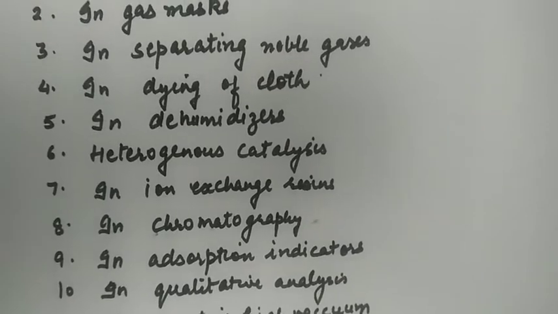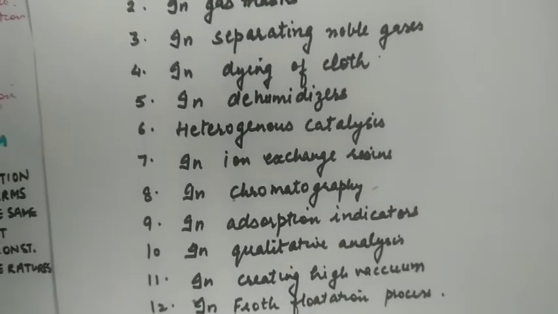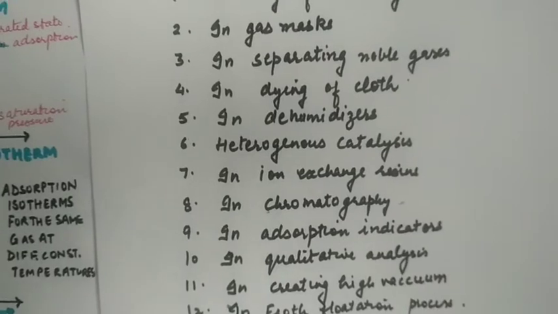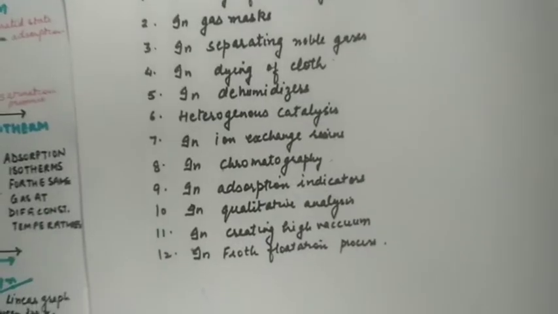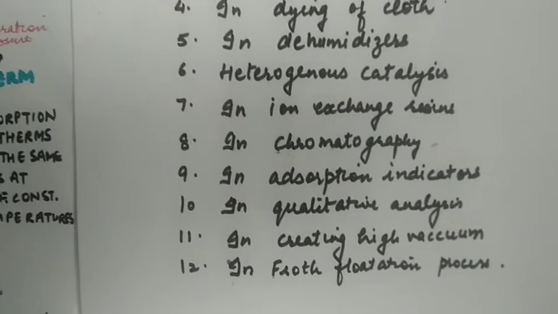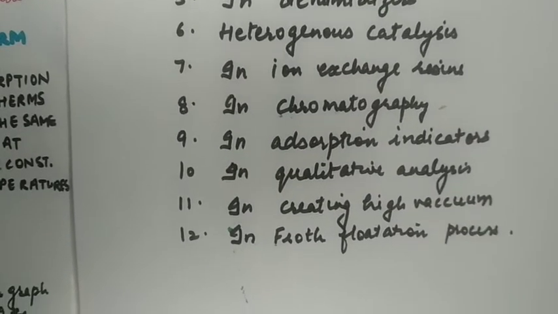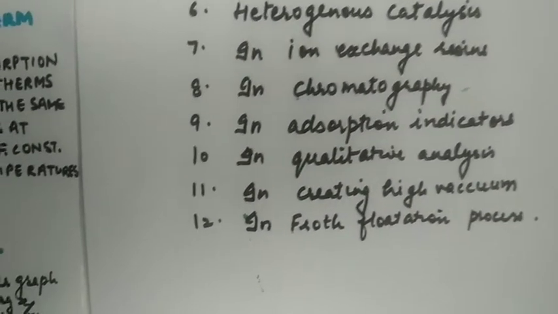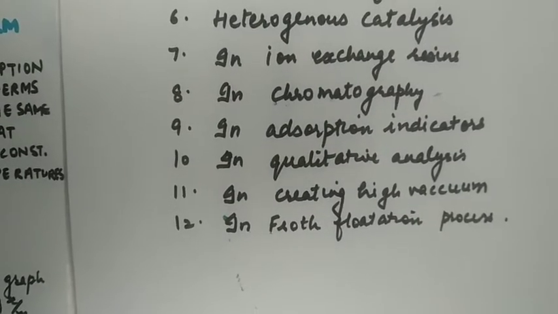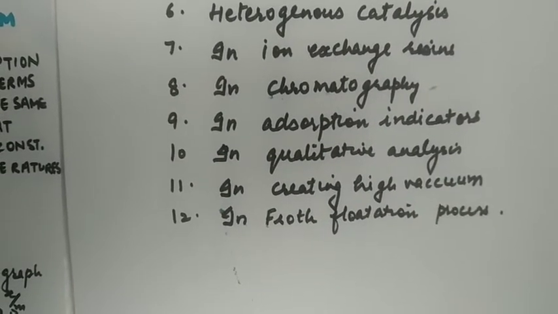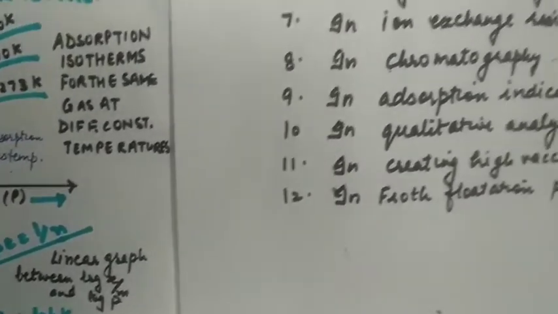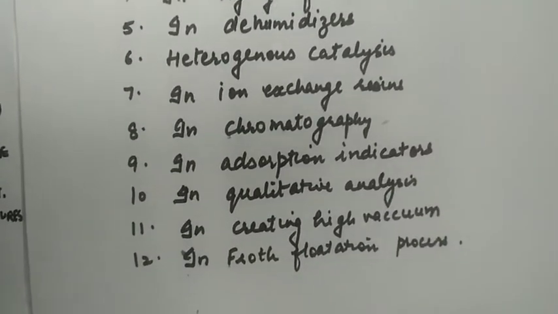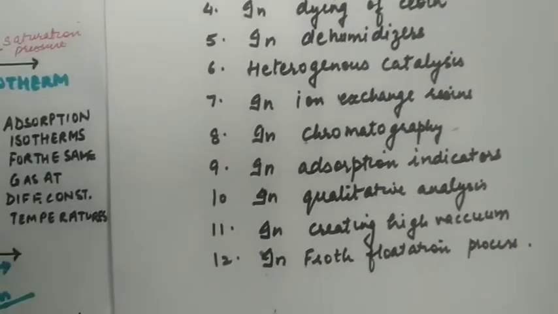In dyeing of cloth, the cloth is coated with alum, which adsorbs the dye particles which otherwise do not stick to the cloth. In dehumidifiers, heterogeneous catalysis. In ion exchange resins, organic polymers containing groups such as COOH, SO3H, NH2 possess the property of selective adsorption of ions from the solution, and water can be softened using the process of adsorption.